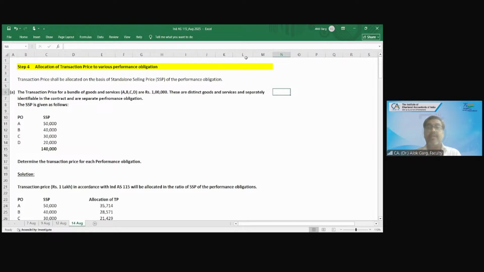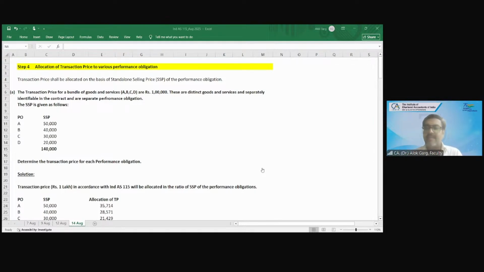In performance obligation, what is important? The meaning of distinct goods and services. A performance obligation is a distinct good or service, and you need to look at distinct goods and services at the goods and services level and the contract level, both the levels.